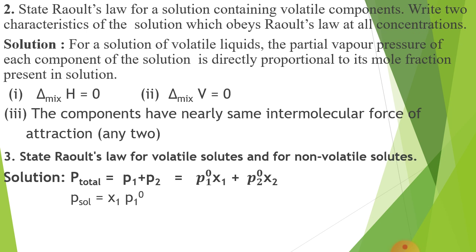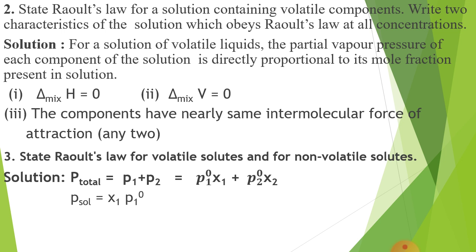Question number 2. State Raoult's law for a solution containing volatile components. Write two characteristics of solution which will obey Raoult's law at all concentrations. So the statement I have told you, but again in the form of solution given here.